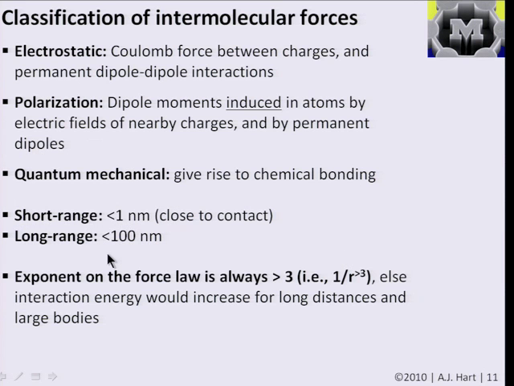And what we're going to do is we're going to see a general case of a whole bunch of different force laws, and then for the case of van der Waals forces, we're going to give an example of a force law which basically lets us derive the interaction energy, or the force, as a function of separation. But for all of these cases, you typically have a force law that's inversely proportional to distance, or that the interaction energy and then the force is 1 over r to some power, and r is the separation between the two things we're talking about.